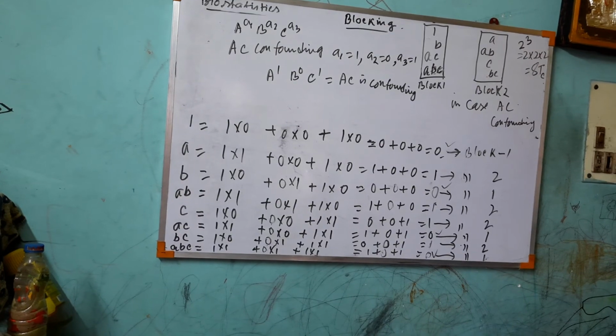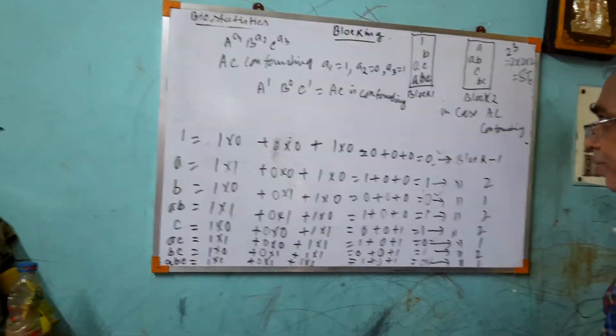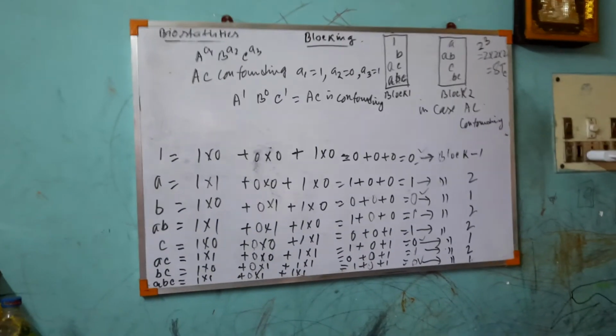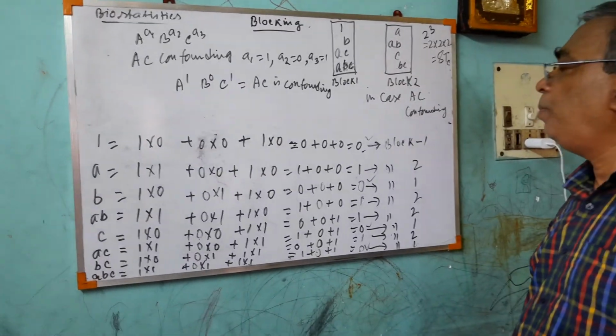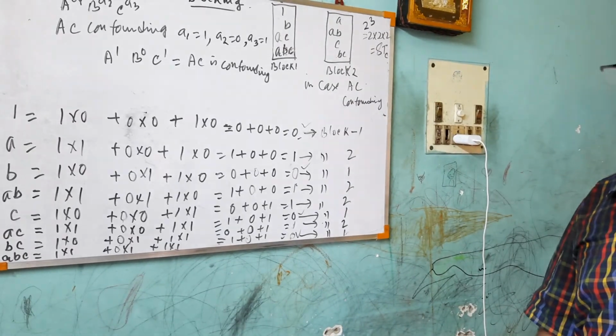That is, sometimes AC confounding, sometimes BC confounding, sometimes A confounding, sometimes B confounding, sometimes C confounding, in case of 2 to the power 3 factorial design.